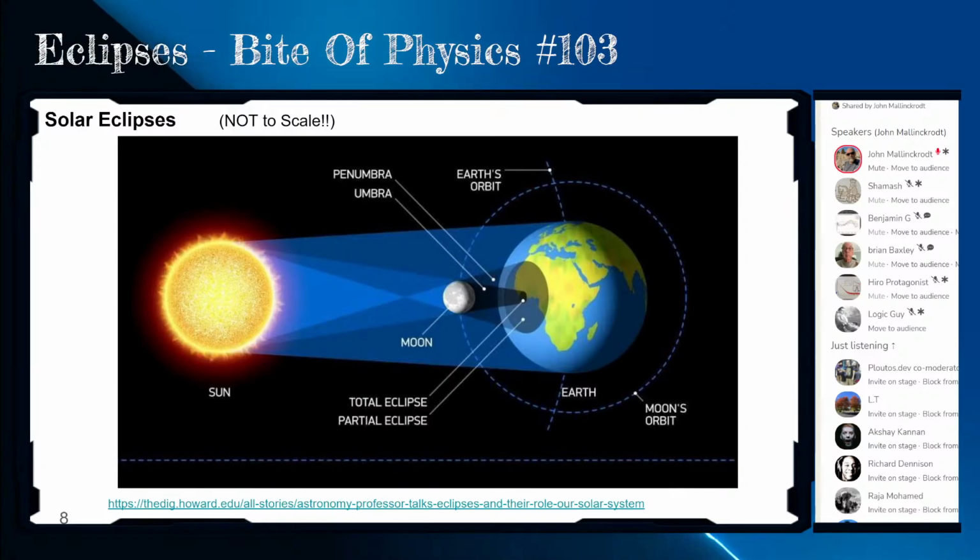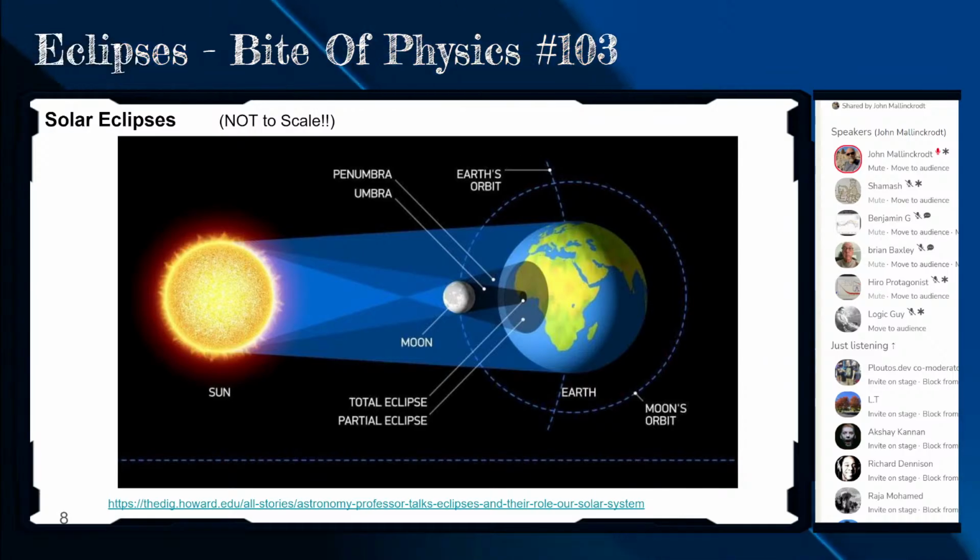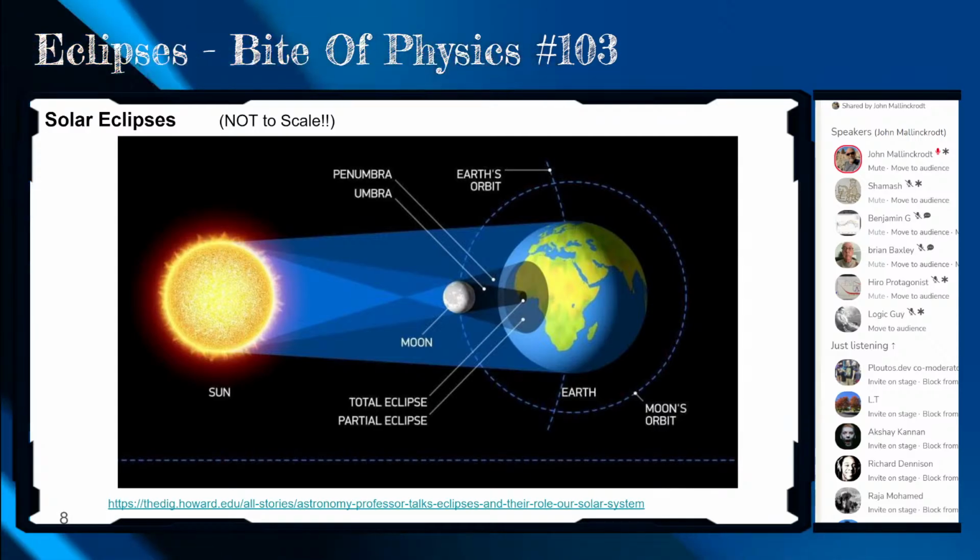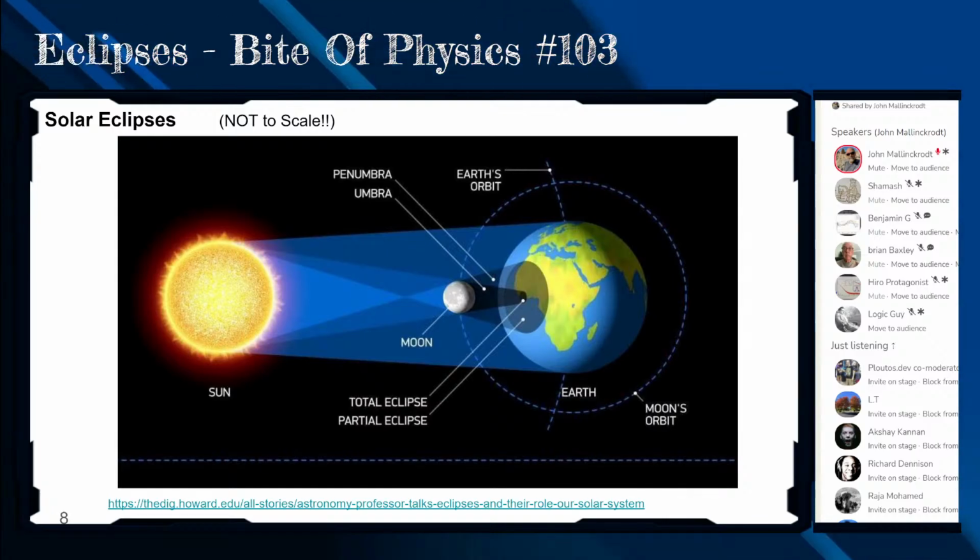and the part of the Earth that's in the umbra is smaller than the moon. Indeed, as we'll see on the next slide, as I think you all know, that's one of the remarkable things, is that it's a very small part of the Earth that's in the umbra, whereas a much larger part is in the penumbra. If you're not in the path of totality, you see a partial solar eclipse.